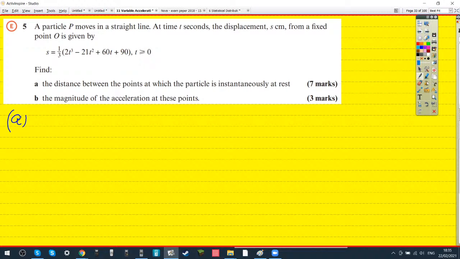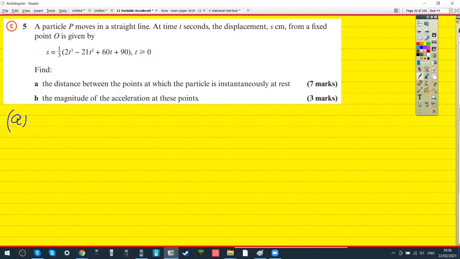So, does that make t 0? No, we're trying to find t when it's at rest. Is s 0?